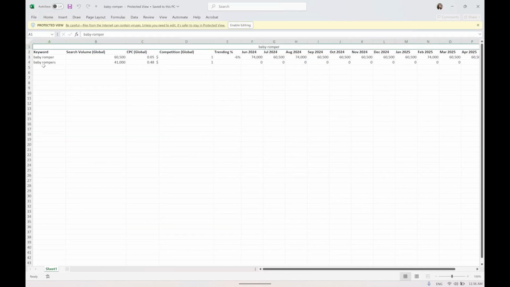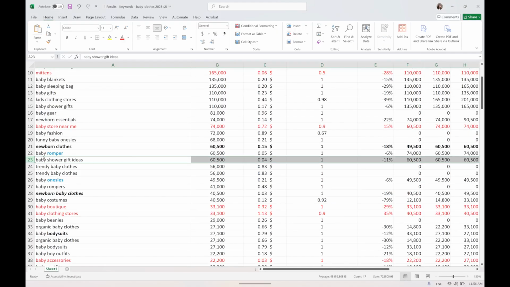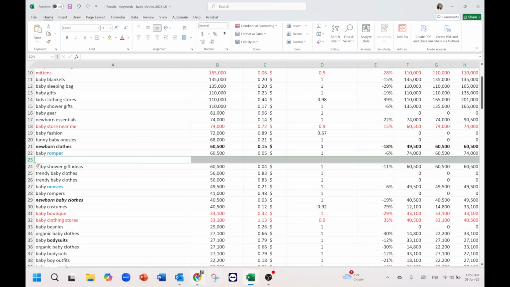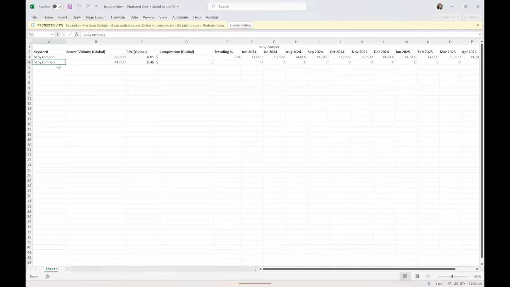So for baby rompers, nobody is bidding on baby romper, and this is one of the things that I read a while back, that usually we focus on plurals in digital marketing. So we take the plural of romper, and we use rompers instead of romper as a singular.